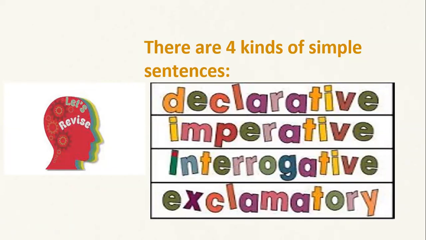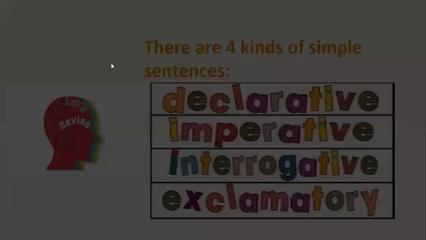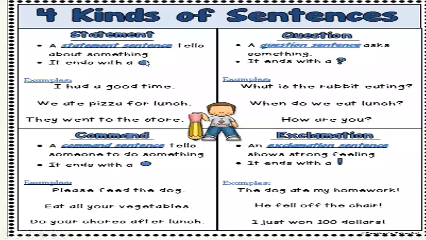Can you repeat again? Yes, we said that there are four kinds of sentences: the declarative, the imperative, the interrogative, and the exclamatory sentence. Each of those sentences has something different. The declarative sentence gives information and it ends with a dot. The command sentence gives an order and it also ends with a dot.